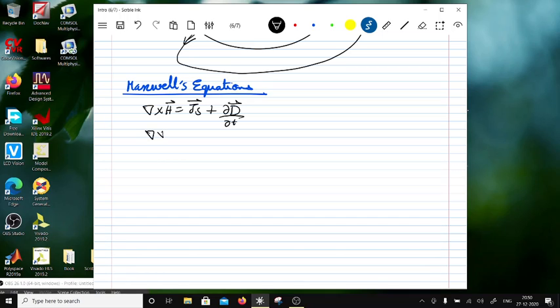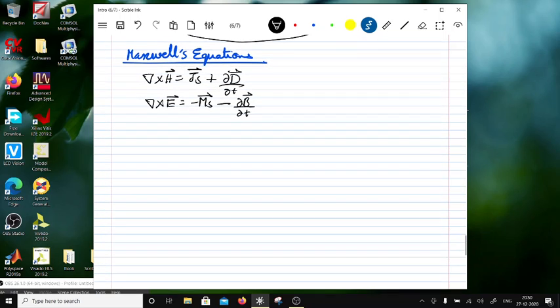The next is curl of E, which is going to be minus Ms, which is fictitious, so in the static case you cannot have a curl of E, minus ∂B/∂t. The third equation is divergence of D equals the volumetric charge density rho v. Divergence of B is equal to 0.